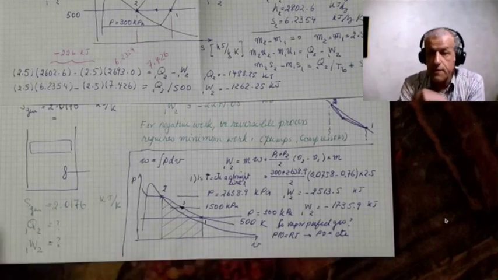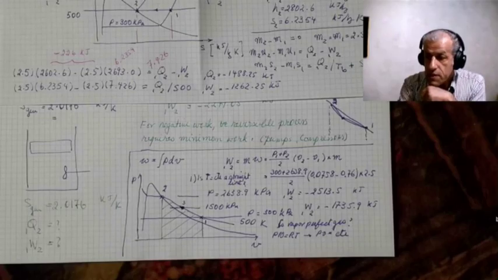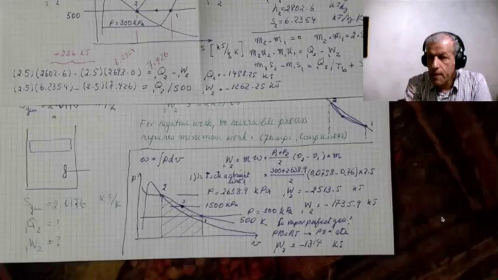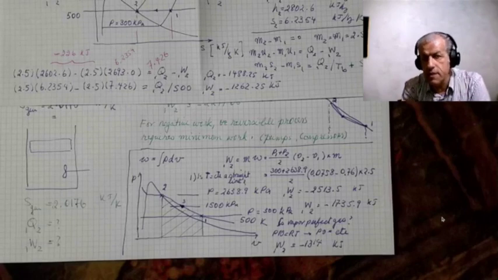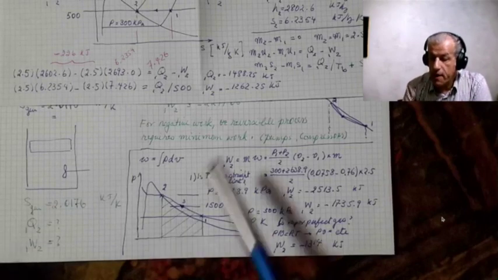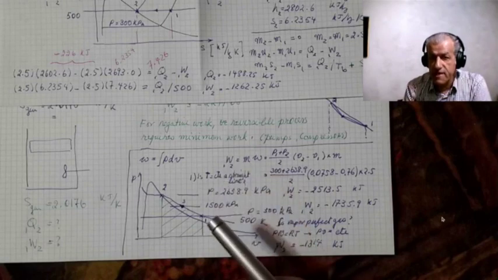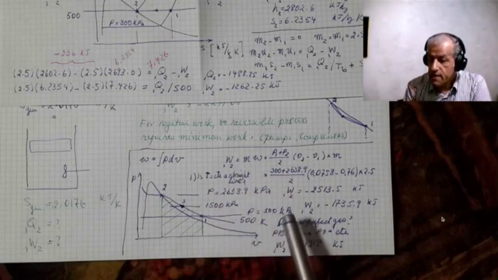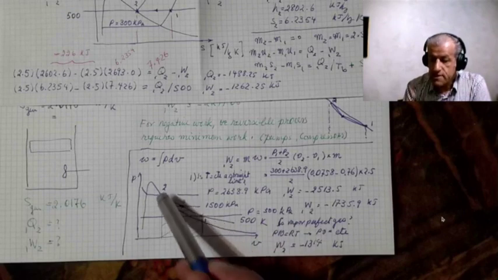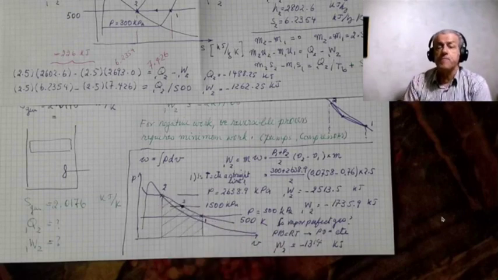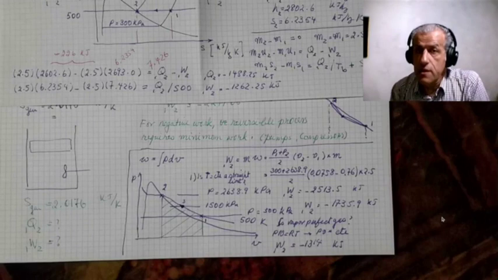And the result would be W12 would equal minus 1314 kilojoules. Compare it with 1262, and you would see that the perfect gas assumption is a far better assumption than just assuming that this line is a straight line.